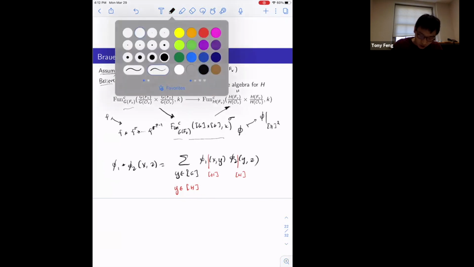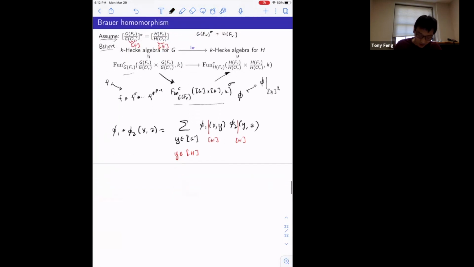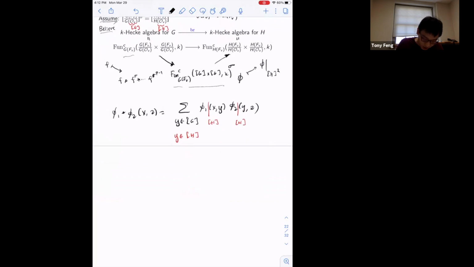These two don't look like the same expression, the black and red things. The difference is a sum over things in G but not H, of phi1 x, y, phi2 y, z. And that doesn't look like it's zero, at least tautologically.